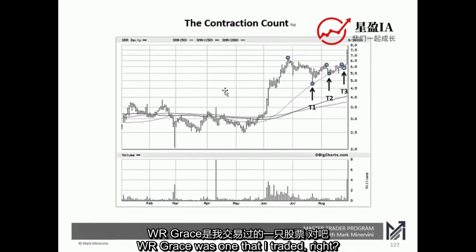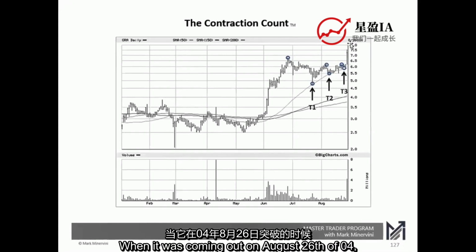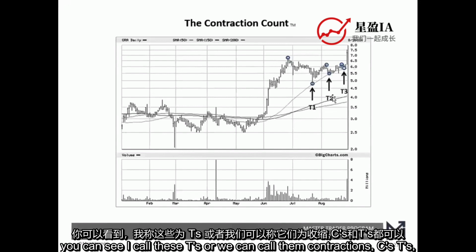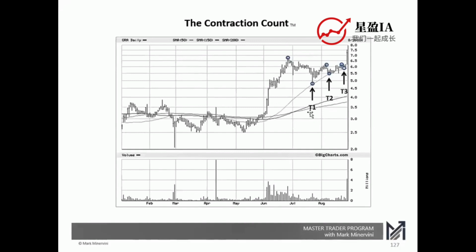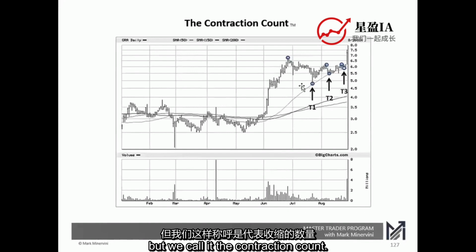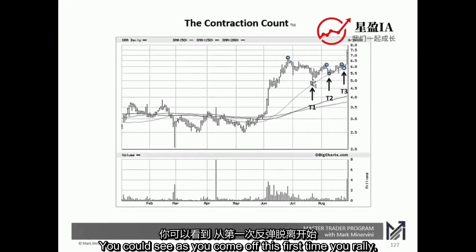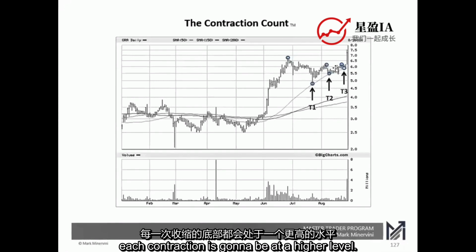WR Grace was one that I traded right from this point, when it was coming out on August 26th of '04. You can see I call these T's, or we can call them contractions, C's, T's, whatever you want to call them. I started off calling them T's for tightenings, but we call it the contraction count. As you come off the first time, you rally, and each contraction is going to be at a higher level.